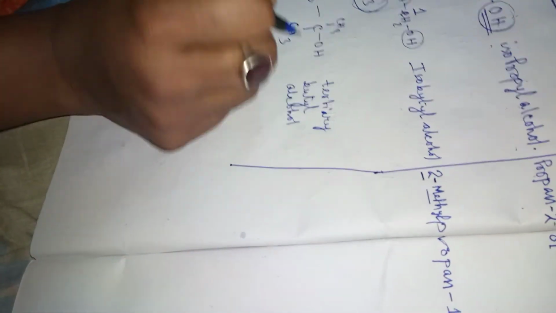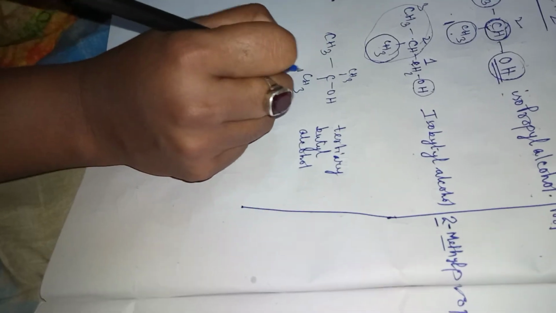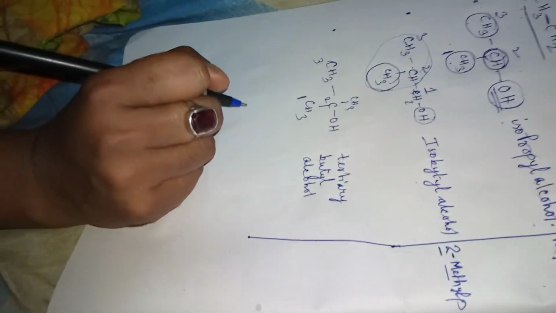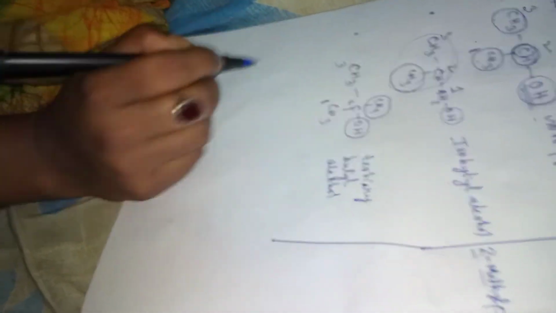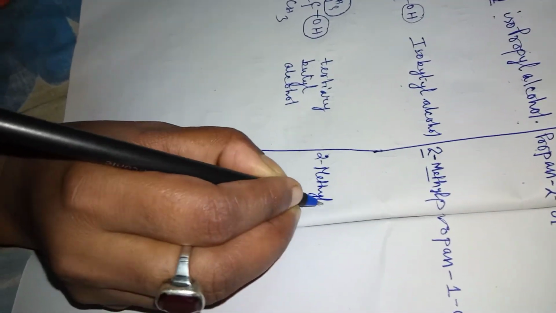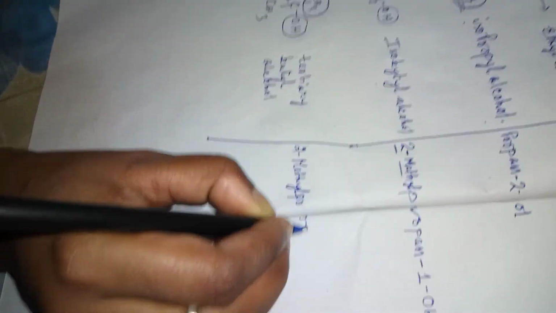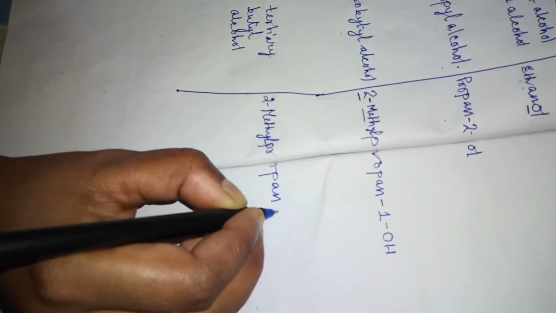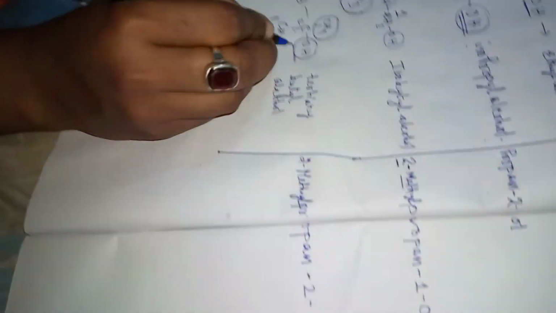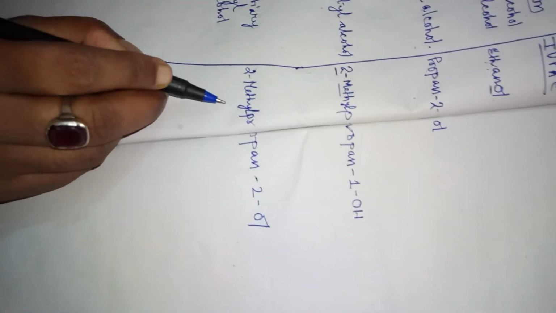Suppose from this carbon we give the numbers 1, 2, 3, then in the second position the functional group is there, and in the second position a methyl is also there as a chain, so it will be 2-methyl propane, written together with no gap, no E, then 2-ol, since the second position has OH. That's why propan-2-ol. This is the IUPAC name of this compound.